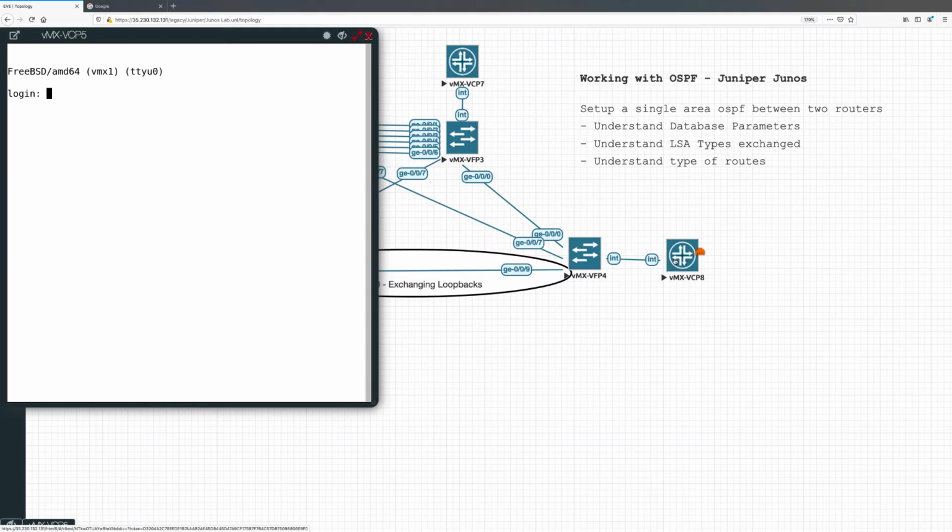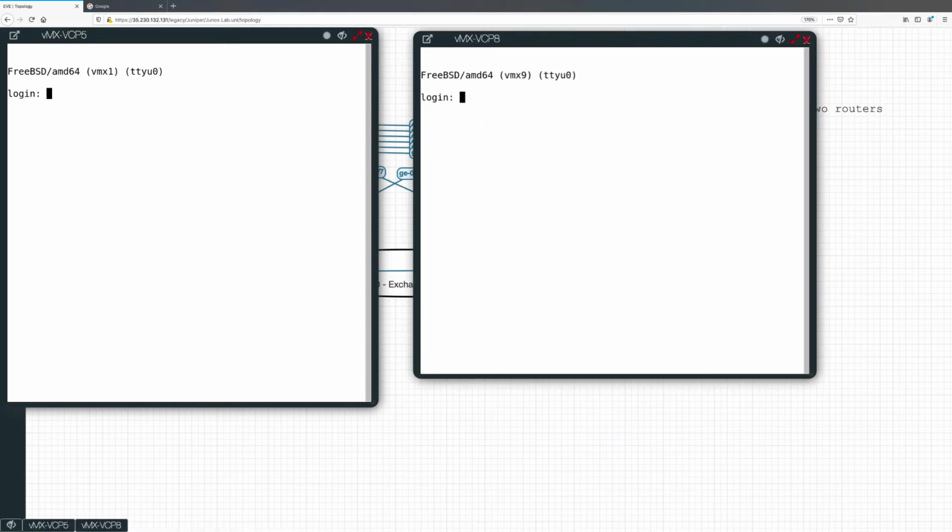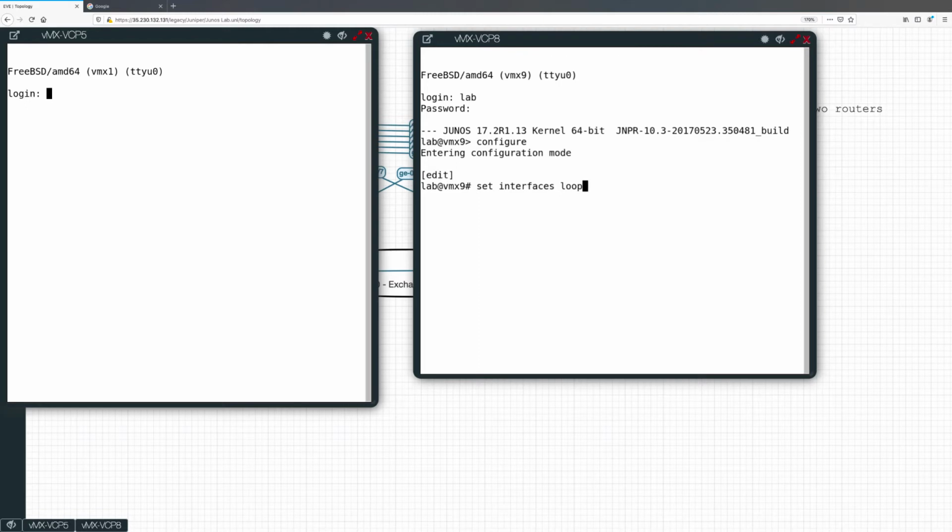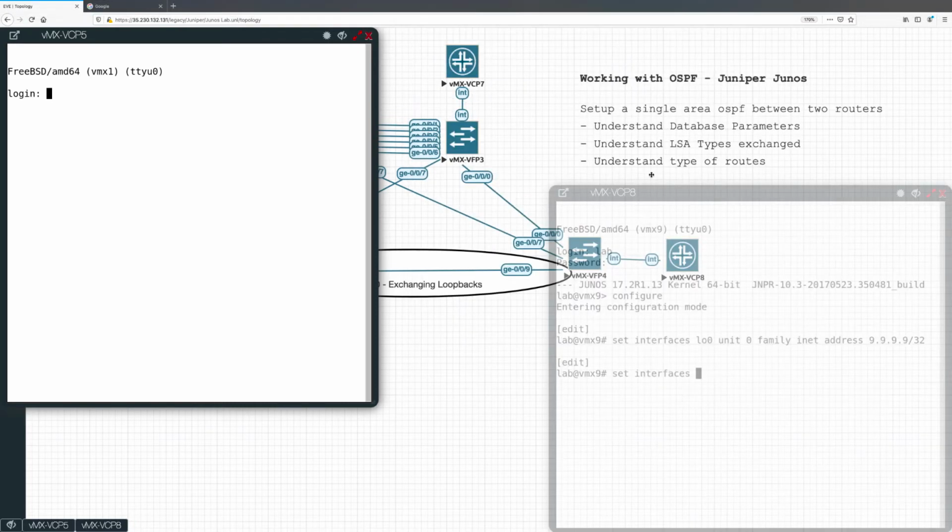We'll log into the routers now and set up some quick interfaces, and let's try to get this done under 5 minutes, right? Let me start by setting up the loopback interface. The loopback address is all nines /32, and it's a ge-0/0/9 interface.